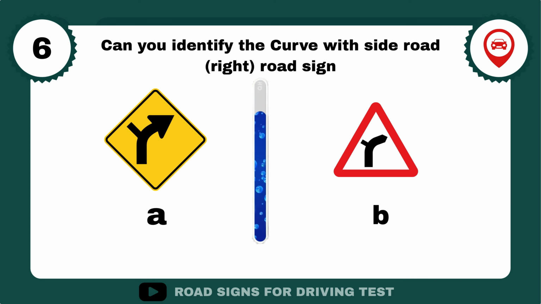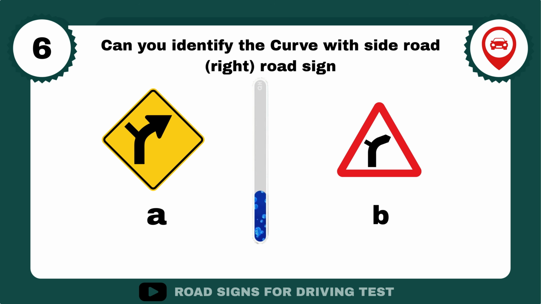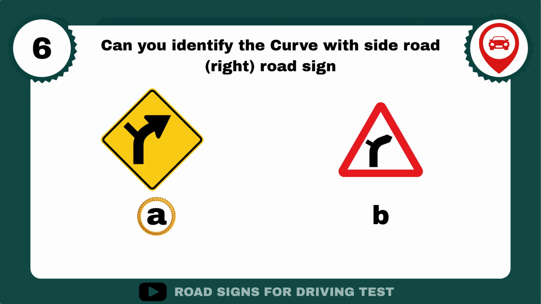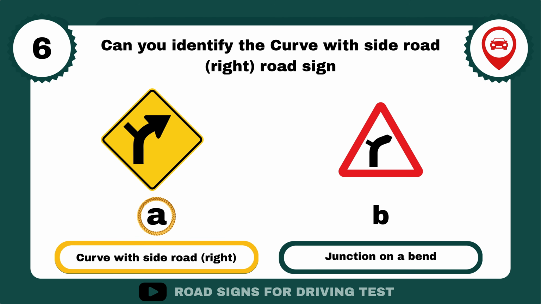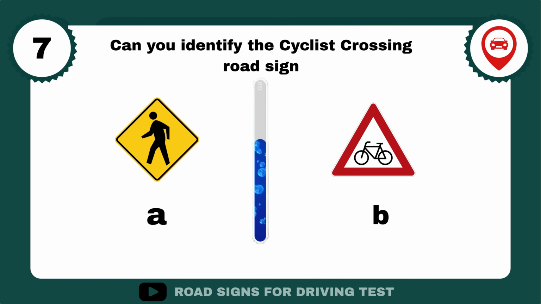What warning sign shows a curve with a side road on the right? Which one alerts drivers to a cyclist crossing area?